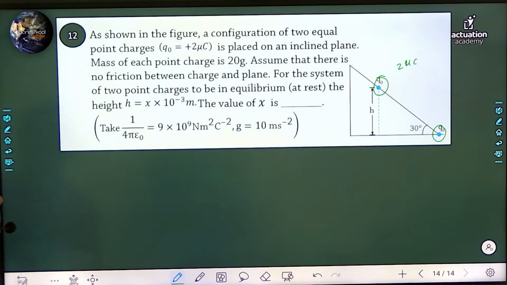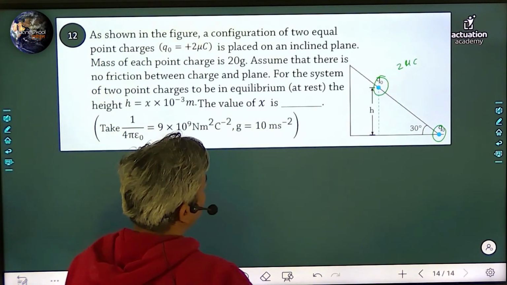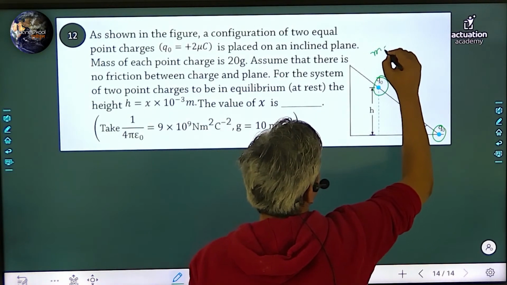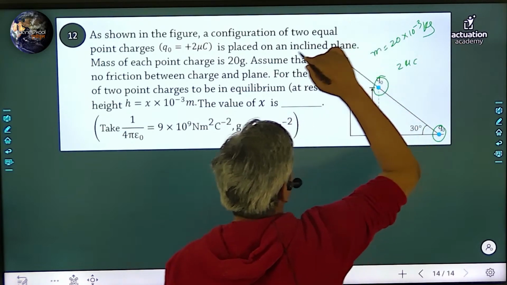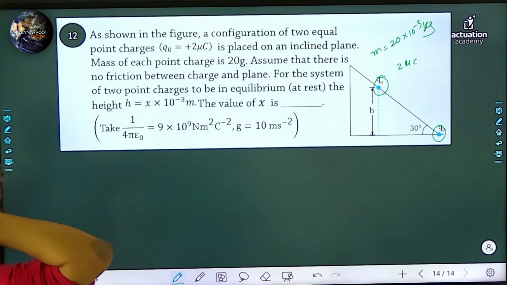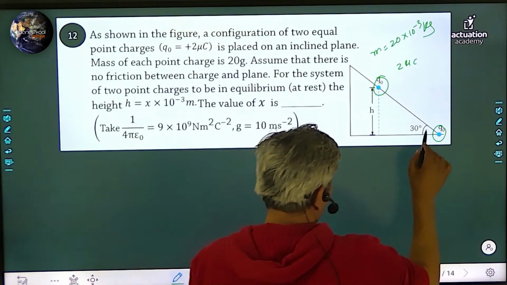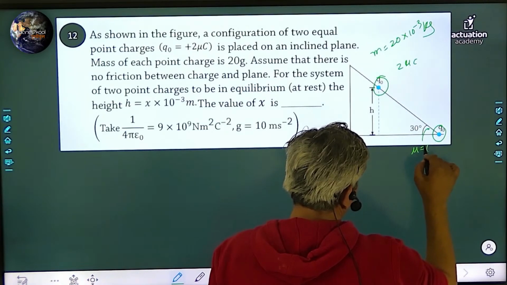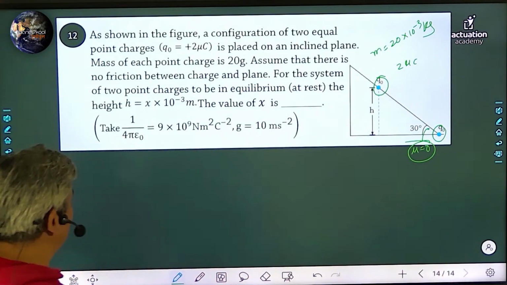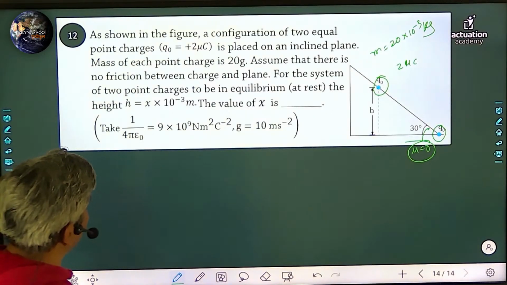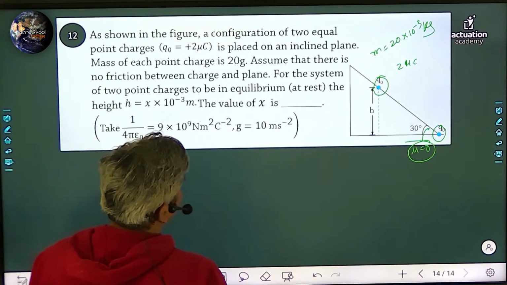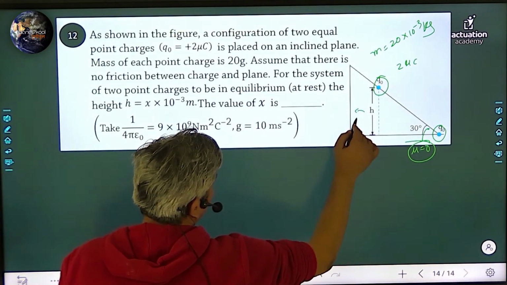Mass of each point charge is 20 gram, which is 20 into 10 raised to power minus 3 kg. Assume that there is no friction between the charge and the plane, so this plane is frictionless, mu is equal to 0. For the system of the two charges to be in equilibrium at rest, the height h is. So we have to find out height h.